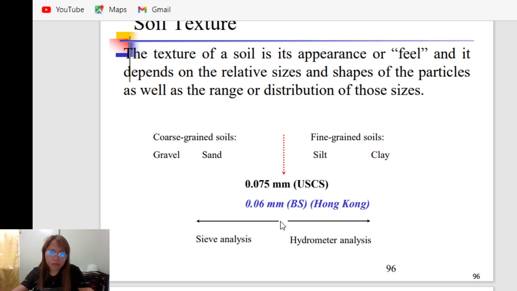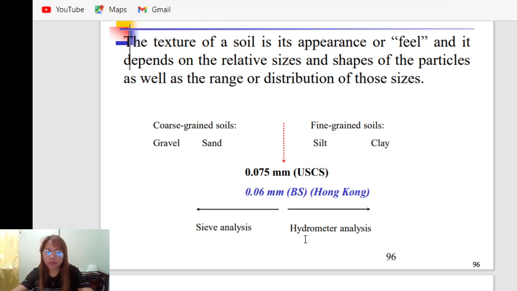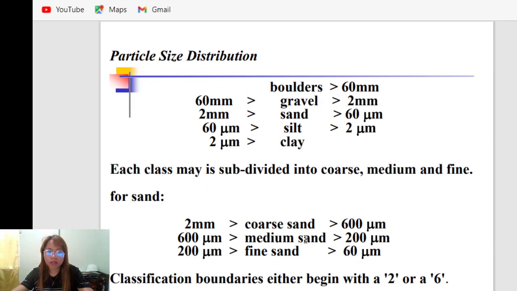So we can determine the distribution of the soil through sieve analysis for coarse grained soil, and hydrometer analysis for fine grained soils. We also have this particle size distribution.